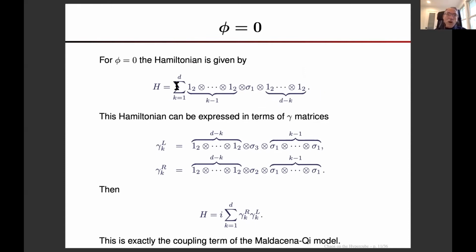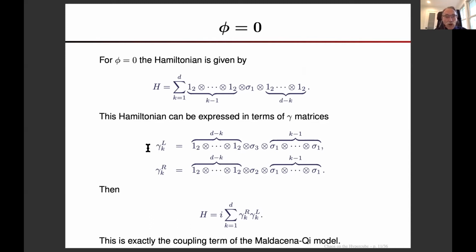And the sigma-1 can appear in any place. What you can do then is write each of these terms in terms of gamma matrices, because sigma-2 times sigma-3 is sigma-1.